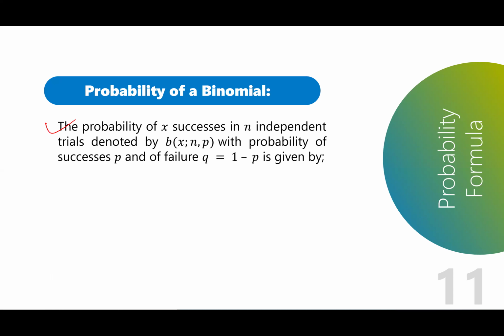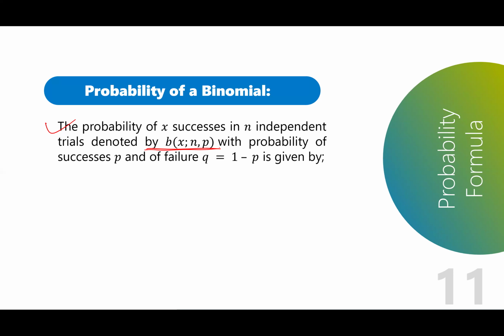So we are going to write in our books, just below that solution, that the probability of X successes in n independent trials is denoted as this.